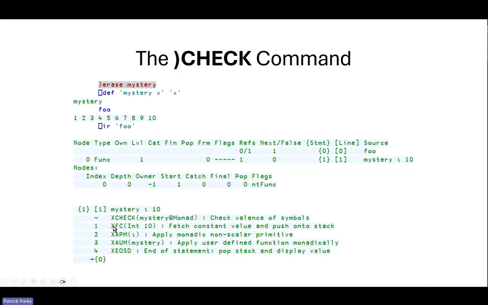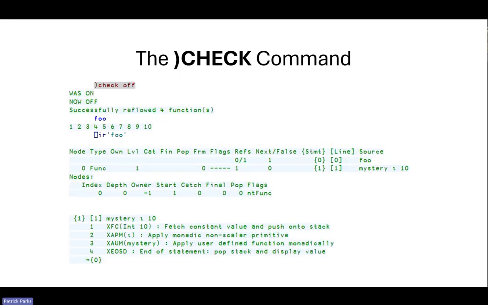Now it fetches the constant value 10, applies monadic iota instead of dyadic iota because it sees the context of it, and then it executes a user function monadically, which is the mystery function. So the mystery function gets called with the result of iota 10 and displays that. That's a big change. But what would happen if I turn check off?